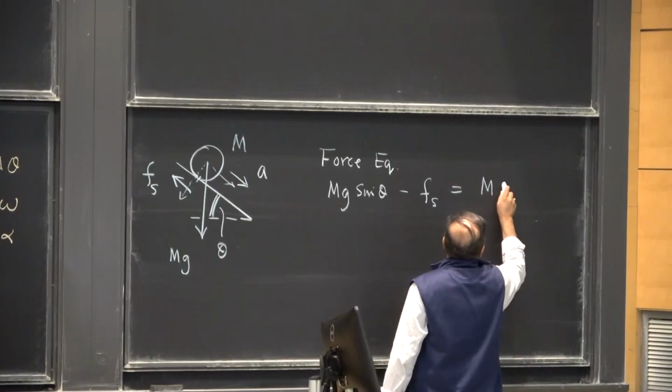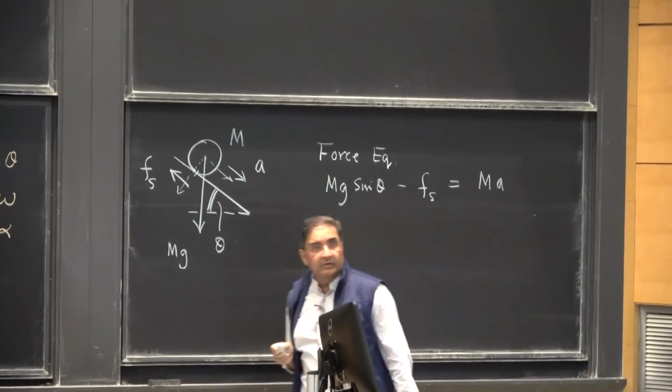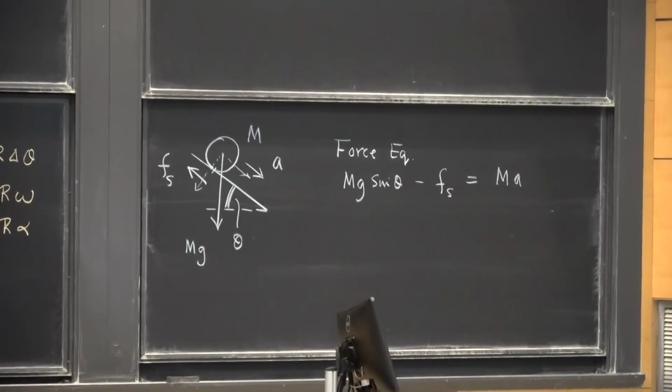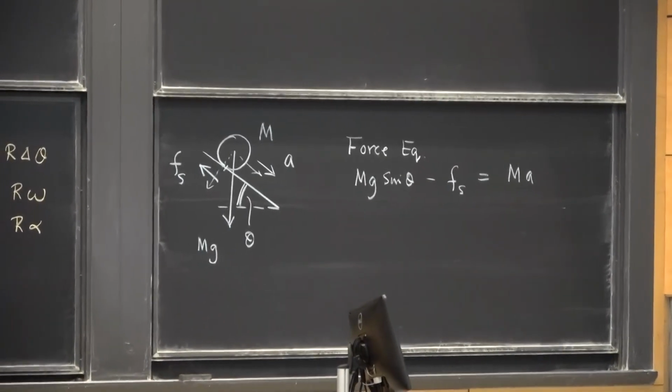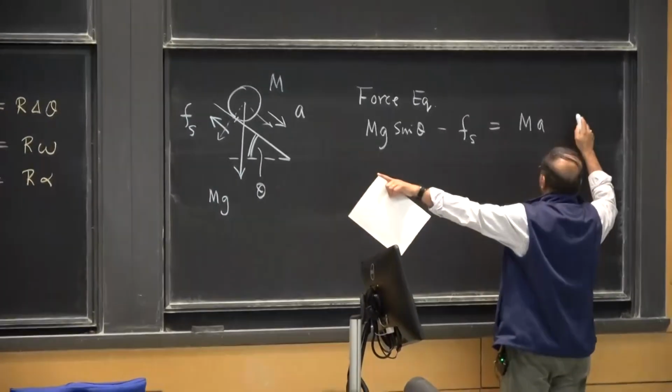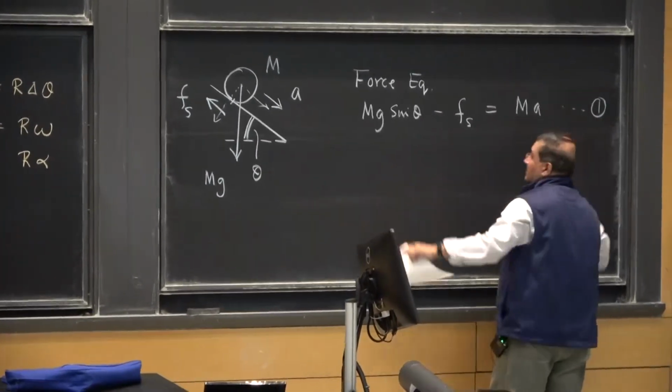And then you have the mass times the acceleration of this sphere, or disk, whatever, doesn't matter. So that's your first equation. Remember, we have three equations to set up here, just like in the last case.